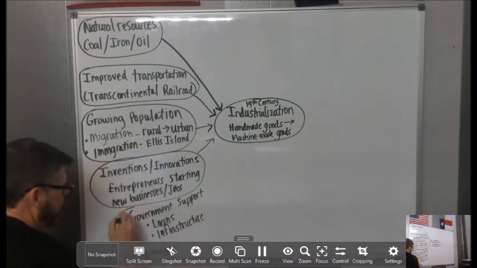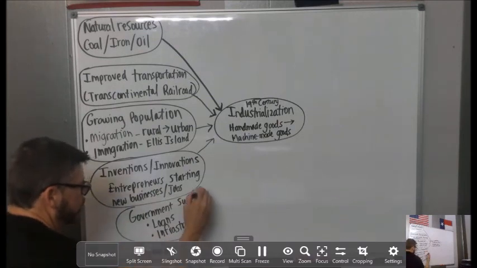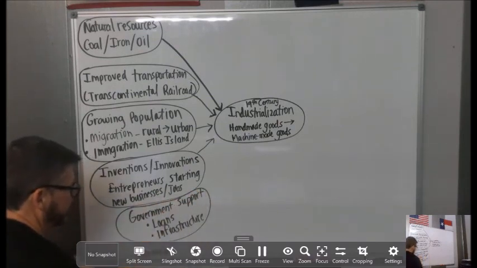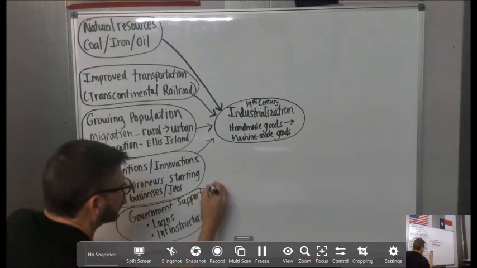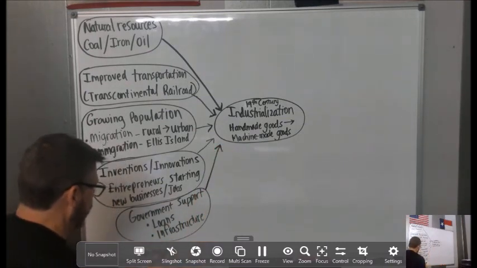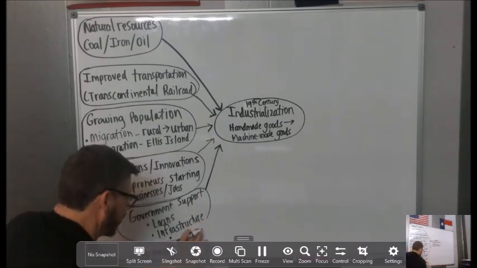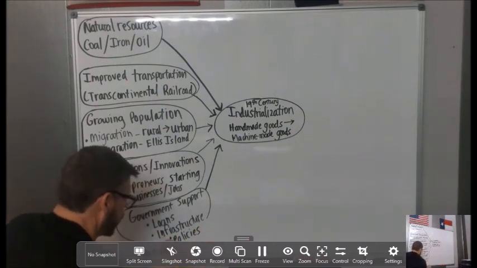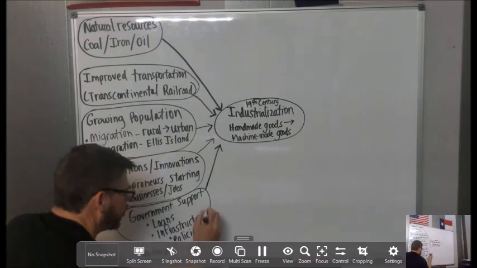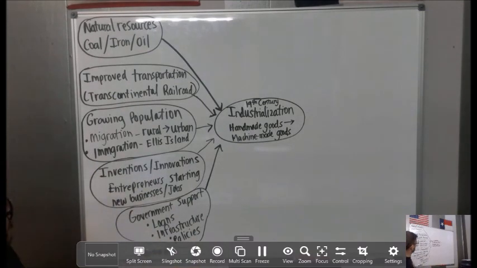Okay, so providing those railroad lines and land for the railroad lines, and the way the government was run also. So policies that would be encouraging business, or the lack of policies that help businesses grow. Okay? All right, and those are the causes.